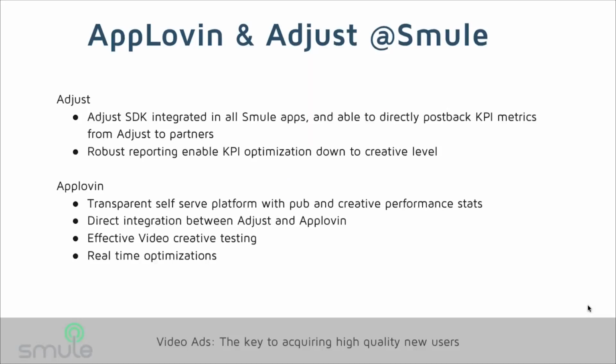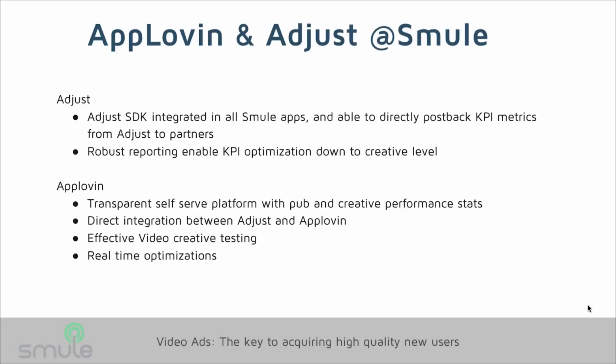So to sum it up, what's very interesting and effective with the partnership with Applovin and Adjust for Smeal is that first, we have the Adjust SDK integrated in all of our apps, both on iOS and Android, the ones that we market, and we're able to directly post these KPI metrics from Adjust to our testing partners or campaign partners like Applovin.